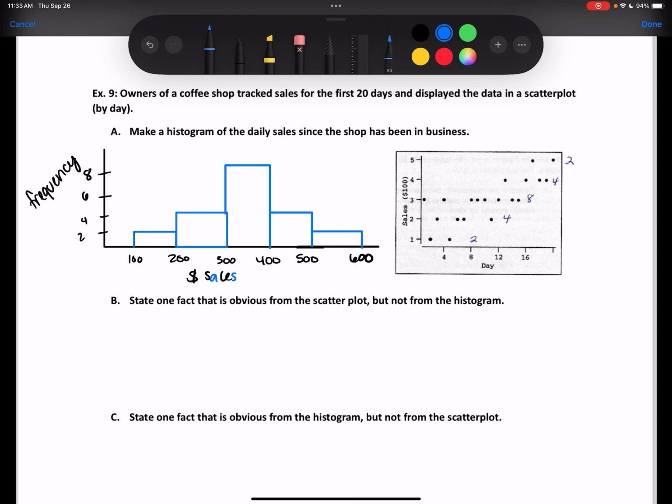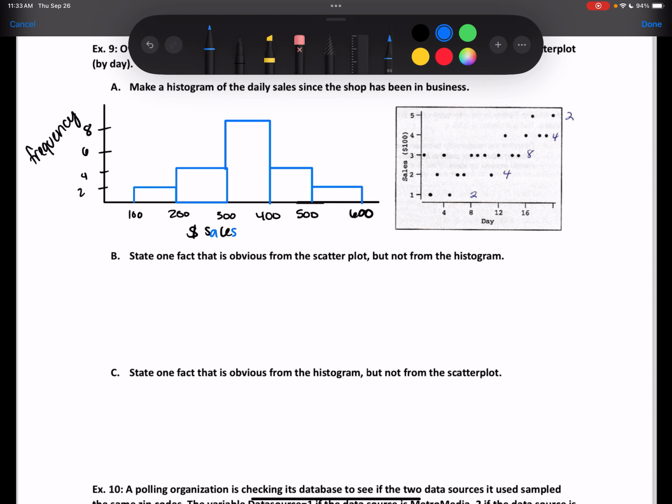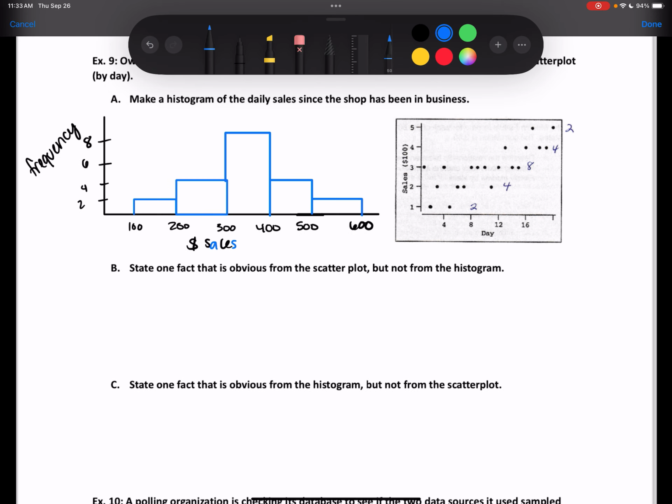You already said that, so I'll go ahead and put this down here. We'll go back. State one fact that's obvious from the scatter plot, but not the histogram. Basically, if we look at each day, we started out with pretty low amounts of money early on, but as we get farther along in our days, our sales are increasing, to the point that after day 14 or so, all of our sales are $400 or $500.